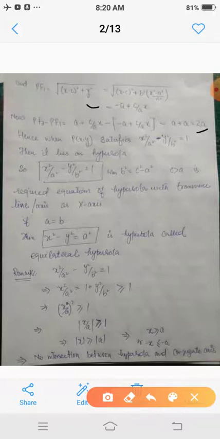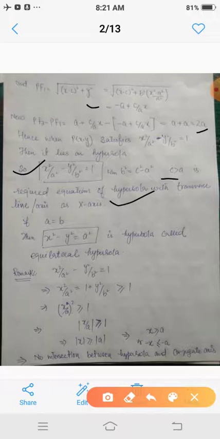So from this we conclude that x square upon a square minus y square upon b square equals 1, when b square equals c square minus a square and c is greater than a, is the required equation of the hyperbola with transverse axis as the x-axis, or simply when the foci lie on the x-axis.